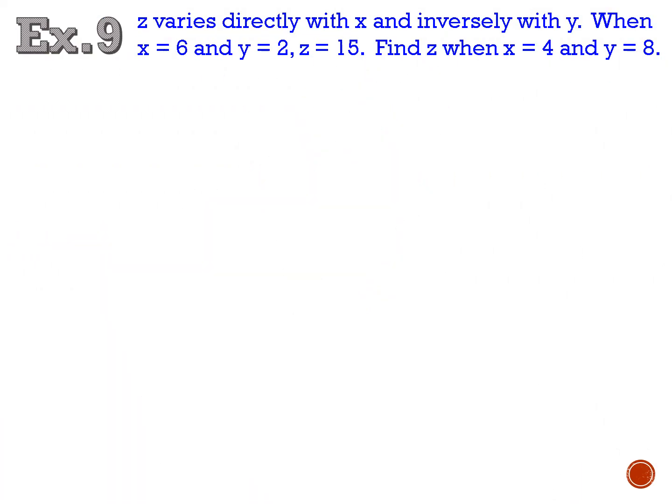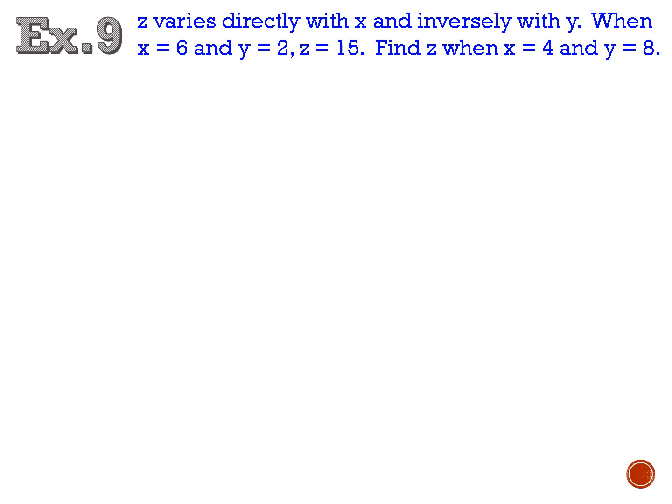Now, last example, example 9. This one is not a word problem necessarily, it's just a combination variation. So it is okay to leave things as fractions here, because it's not a word problem. But the steps are the same, guys. The steps are the same regardless of if it's a word problem or just a plain old simple math problem.